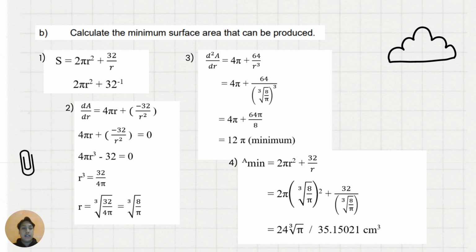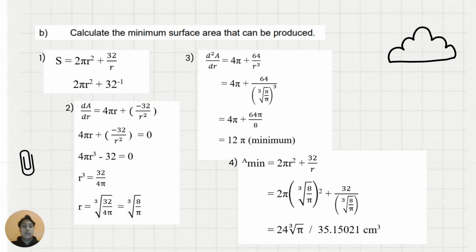Okay, and then we substitute the value of r, which is the cube root of 8 over pi, and then we solve, and we got 4 pi plus 64 pi over 8, and we solve again, and we get 12 pi, which is minimum because it is a positive number. So, if it's a positive number, it will be minimum.